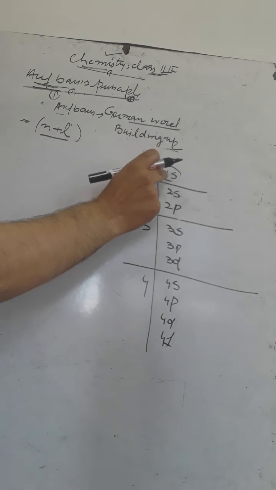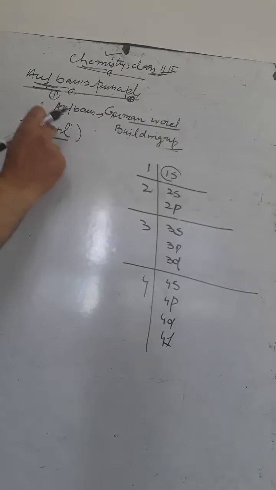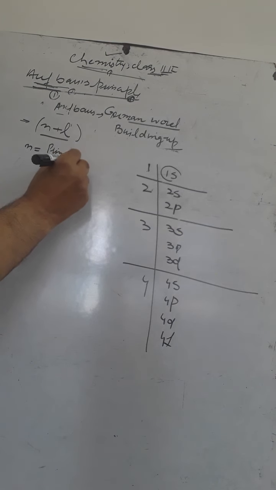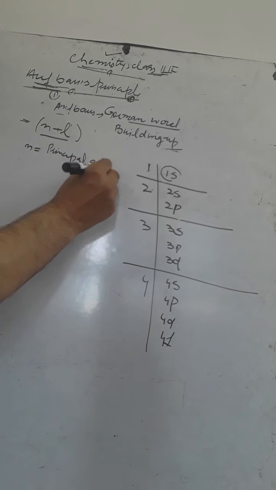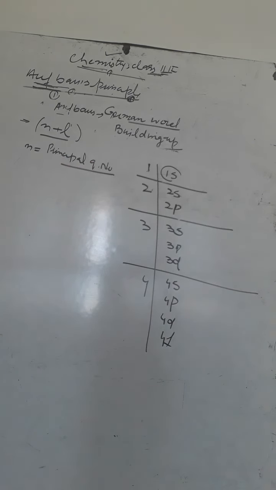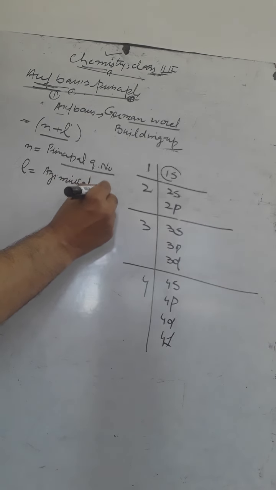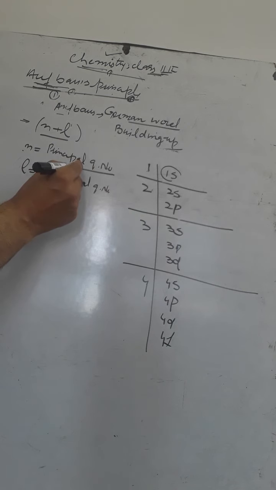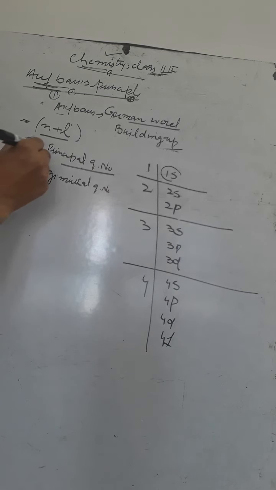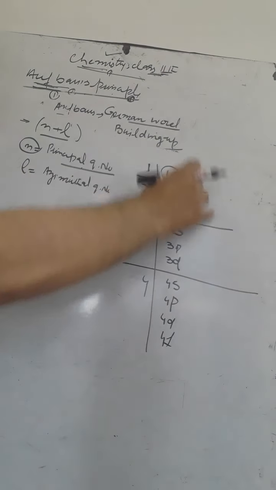Before getting the energy for these orbitals, we should know what n is. n is the principal quantum number, as we know from quantum numbers. l is the azimuthal quantum number. n is the principal quantum number, which represents the number of the shell, and l represents the subshell.